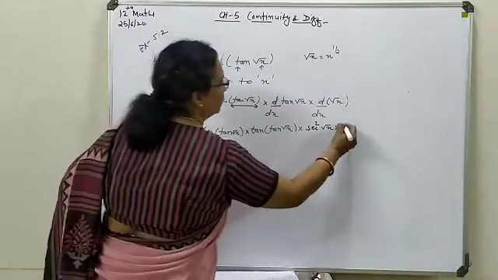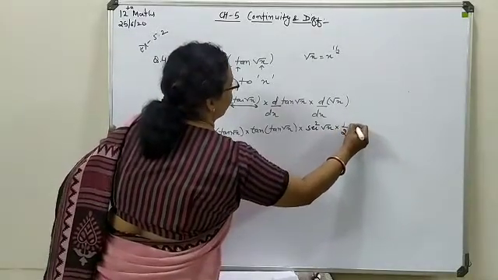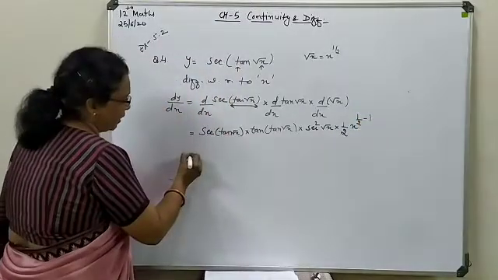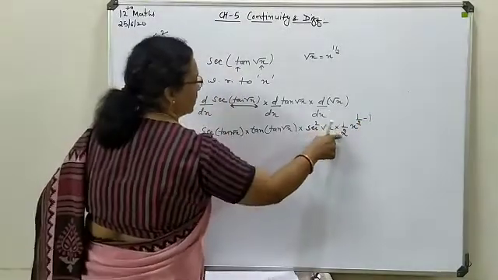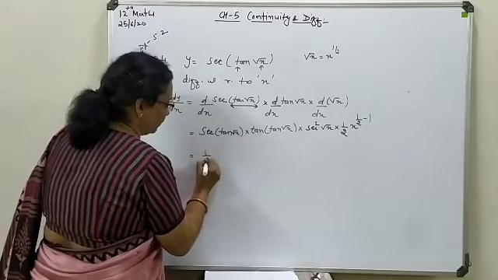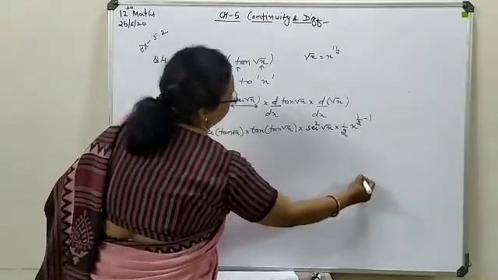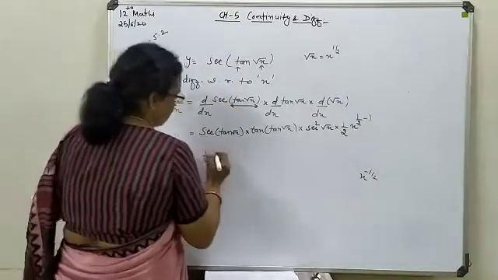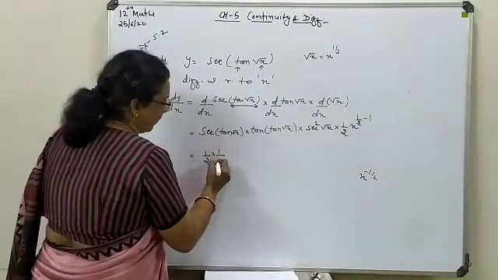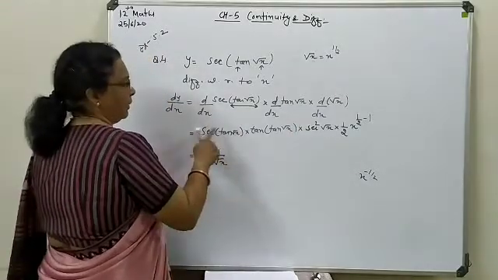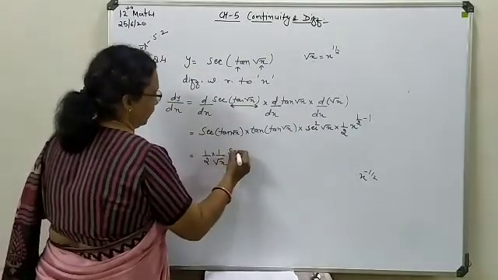So it will be half x power half minus 1. As a combined form, this half will come out over here. This will give you half, x power minus half, which means 1 by under root of x. Now none of the combination is going to be combined, so as such it is to be copied.